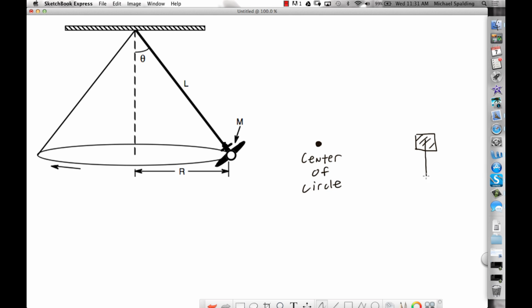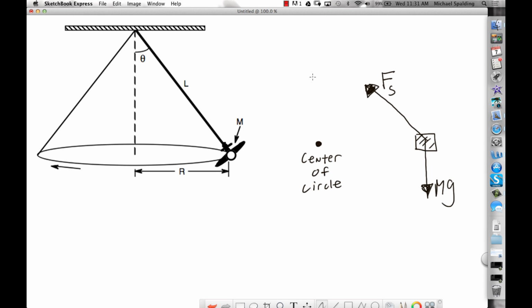We have gravity, which is always straight down, and then we have the rope, which is at an angle like this. We're going to call this force the force of string, so we don't confuse it with period.